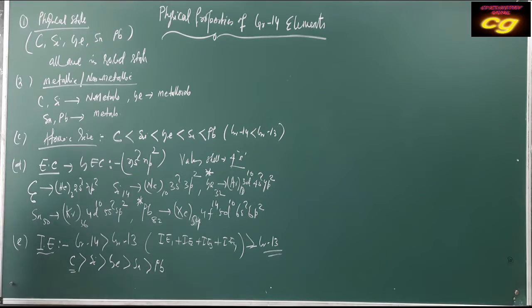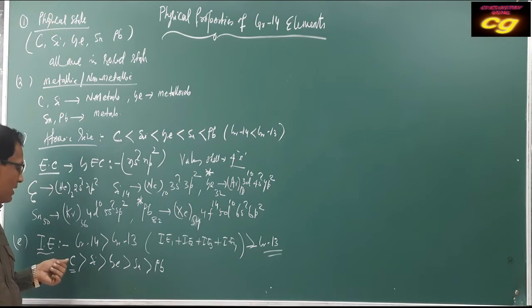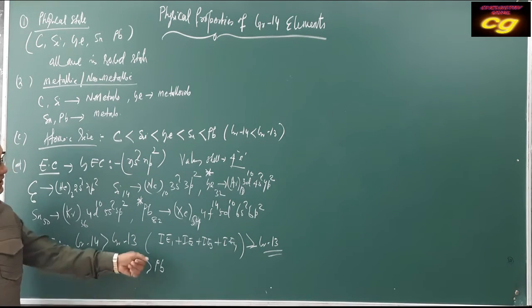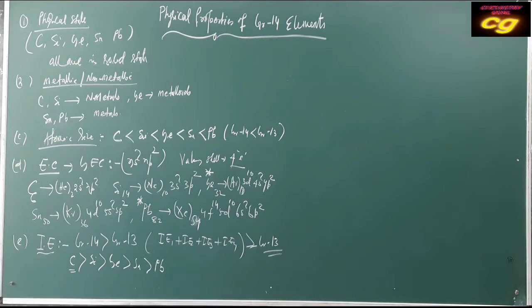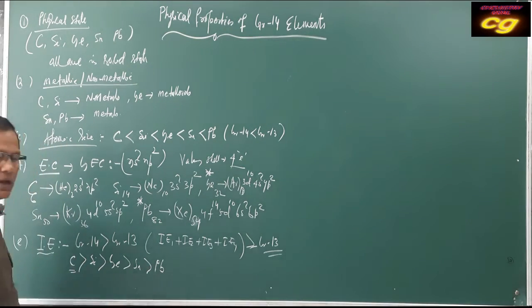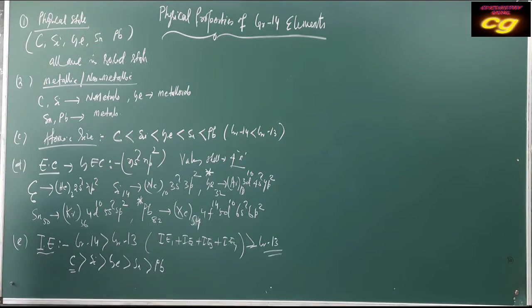Ionization energy decreases from carbon to lead due to increasing size. But the difference between tin and lead is less. From carbon to lead it is generally a decreasing order due to increasing size. This is regarding ionization energy.